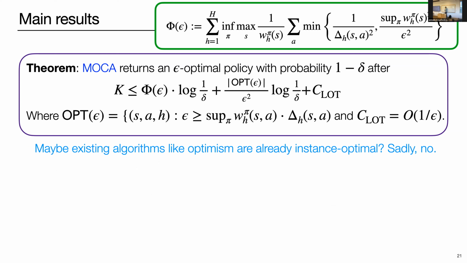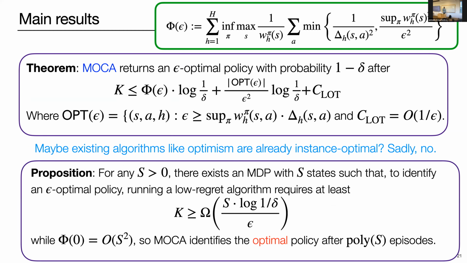And so the natural question is, I have this algorithm, optimism, that seems pretty good. It was optimal for bandits. All the boxes were green. Maybe it's a good algorithm, but a bad analysis. Maybe I can do better. But no, you can't.